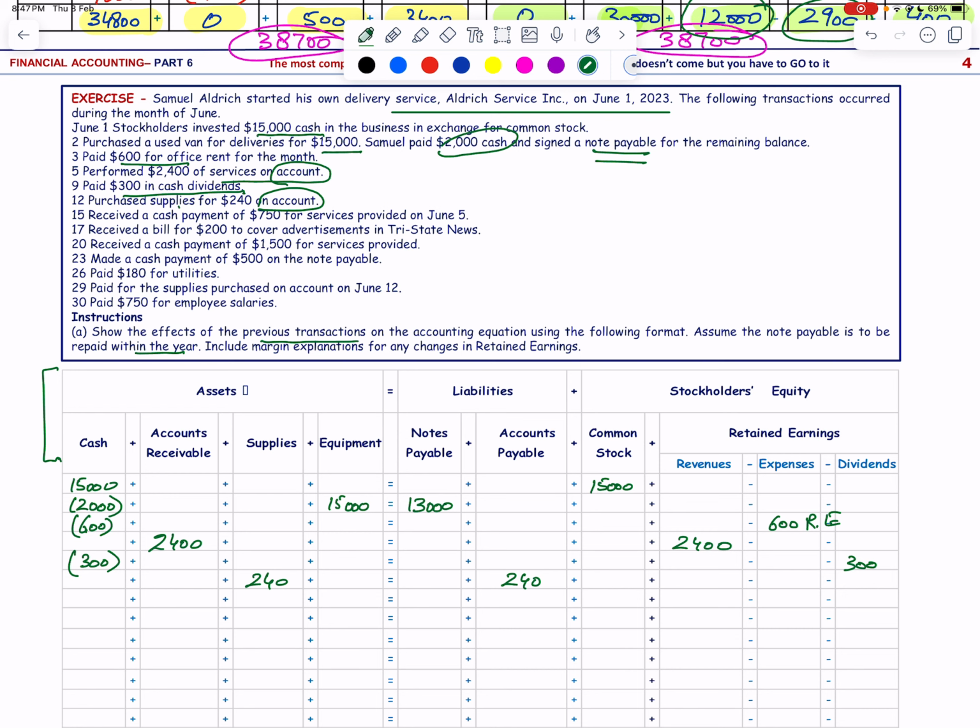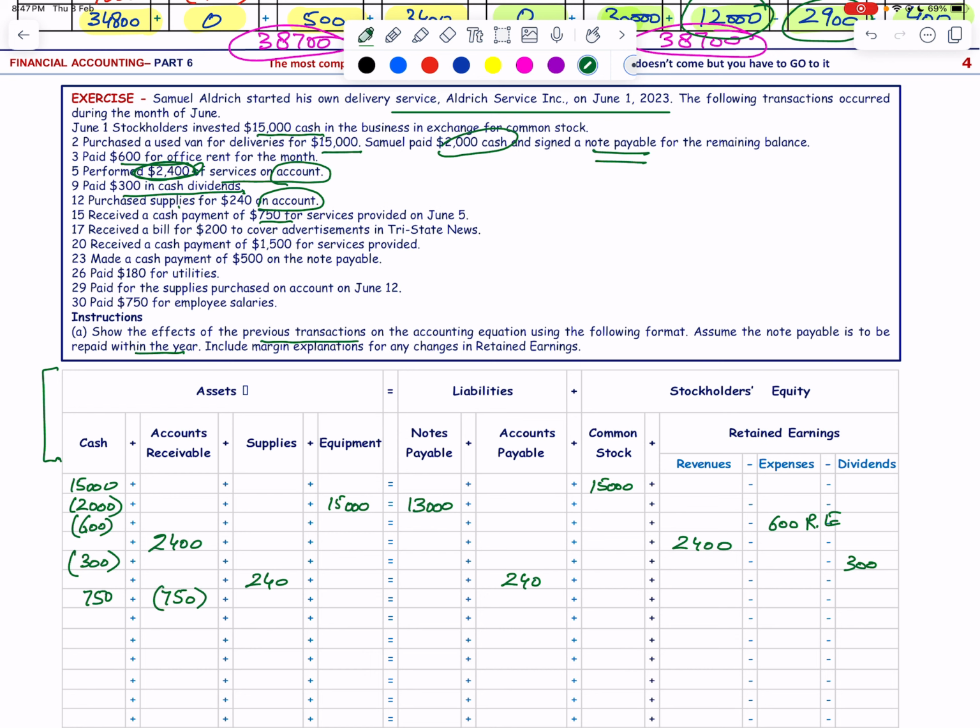Okay. Then received cash payment of 750. So services provided in transaction number 5. So we are receiving 750. So 750 is plus, and our account receivable will decrease by 750.